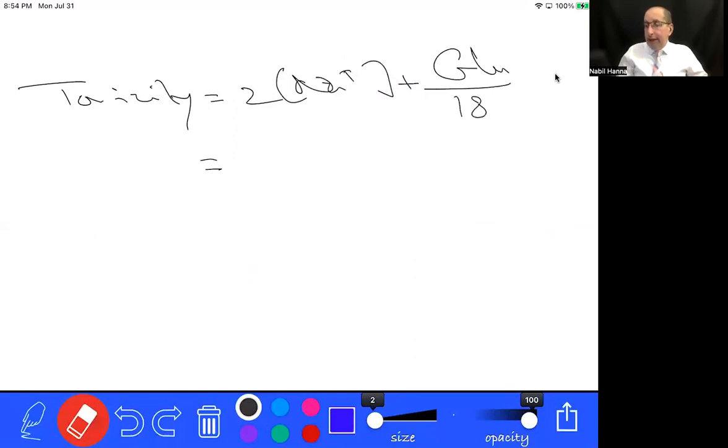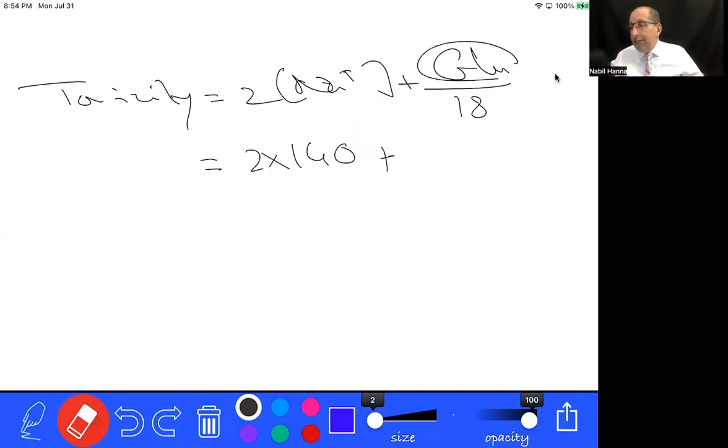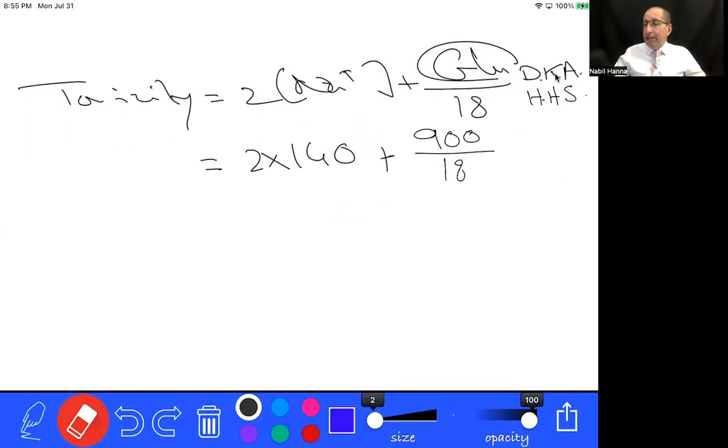So if you have normal sodium, 2 times 140, but instead of the normal glucose of 90, you have someone with severe DKA or someone with HHS, the hyperglycemic crises of diabetes, where the blood sugar is really very high, and instead of 90, it is 900. Now, 900 divided by 18 is 50, and 2 times 140 is 280.